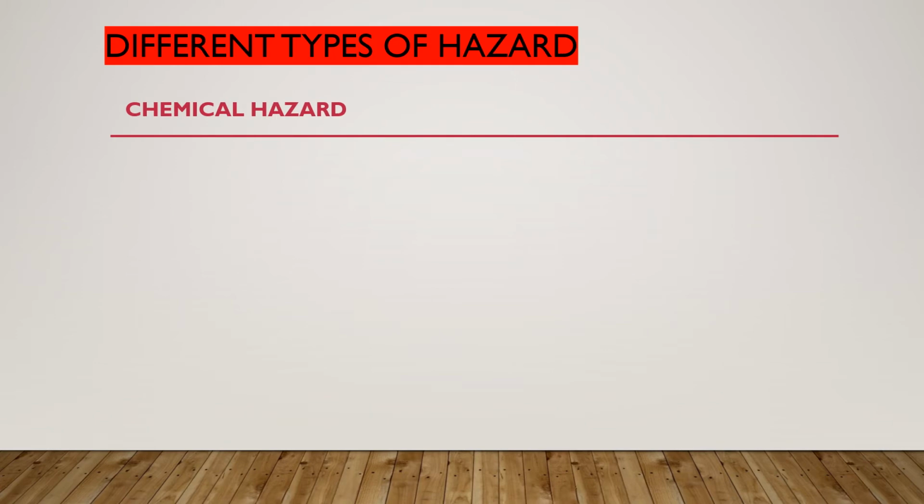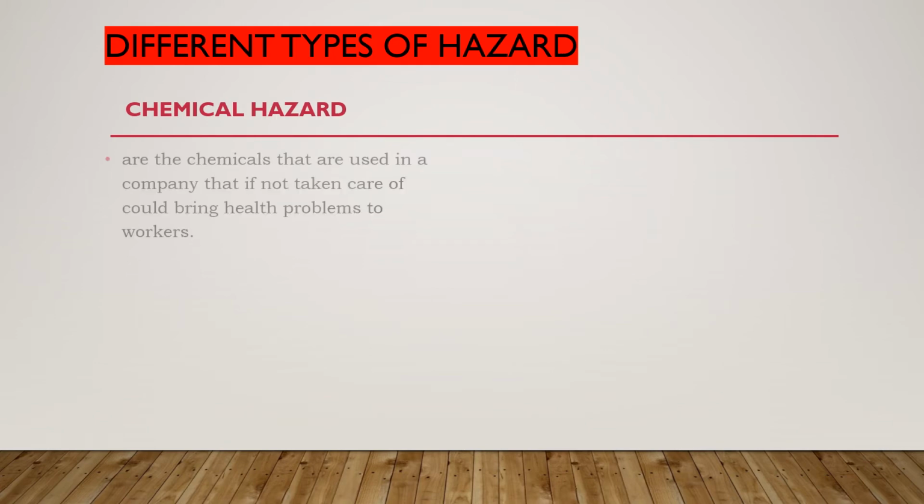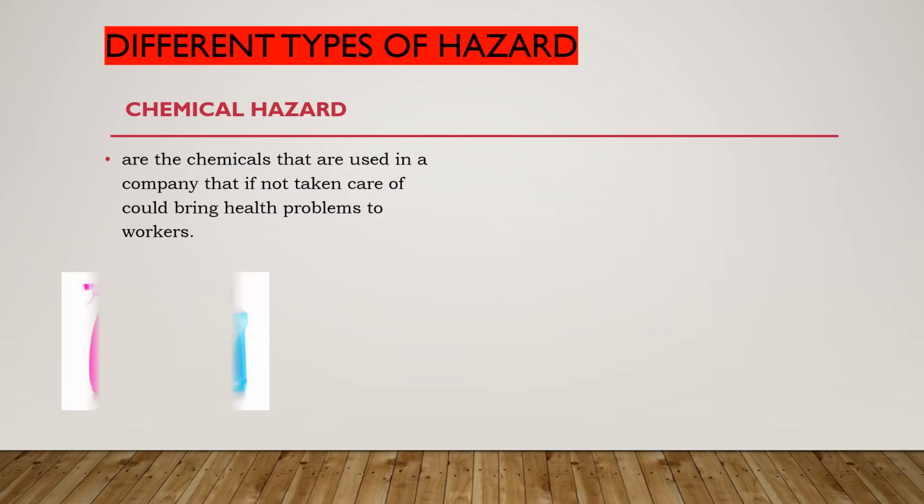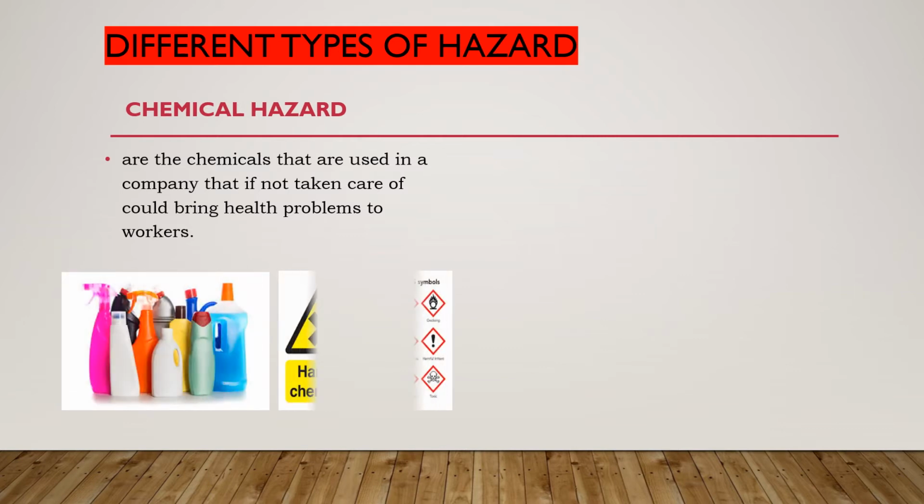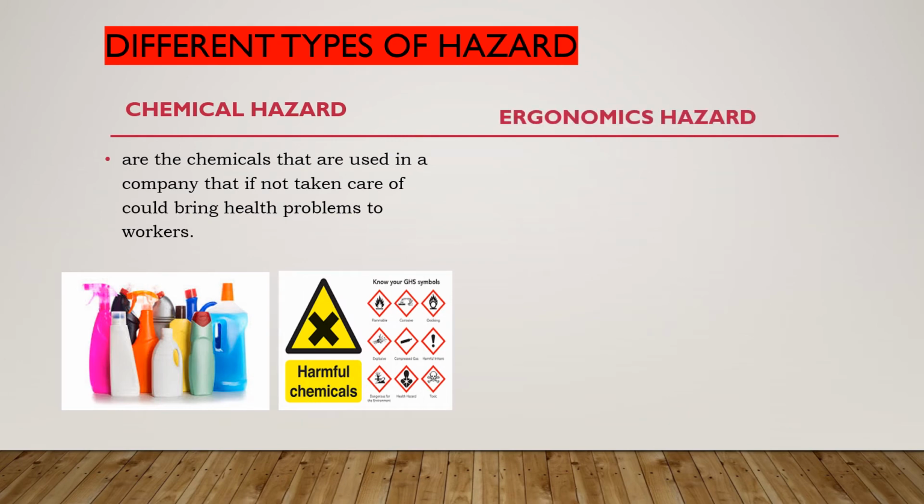The third one is the chemical hazard. Chemical hazards are the chemicals that are used in a company that, if not taken care of, could bring health problems to workers. So this is an example of a chemical hazard.